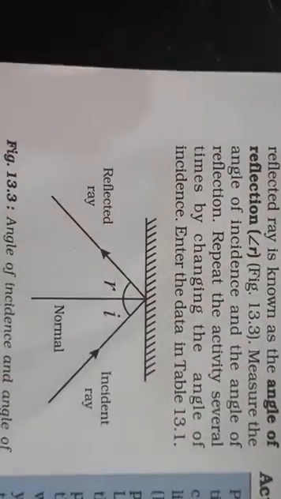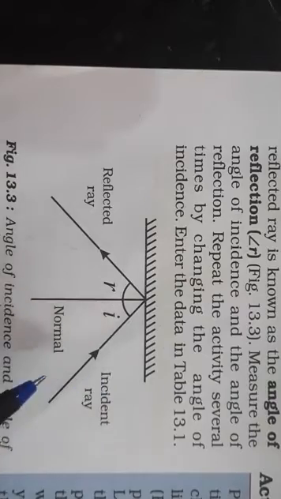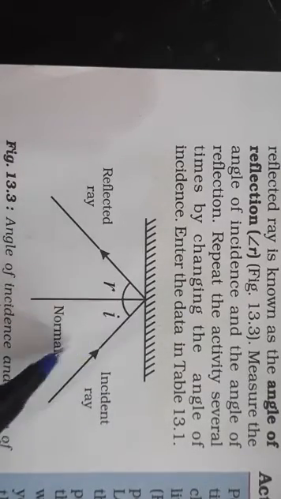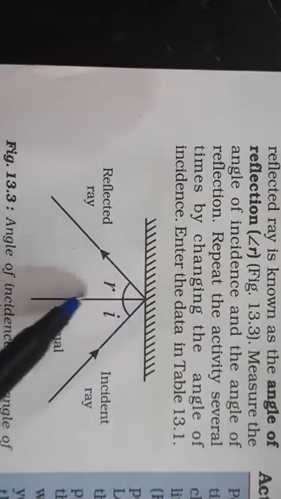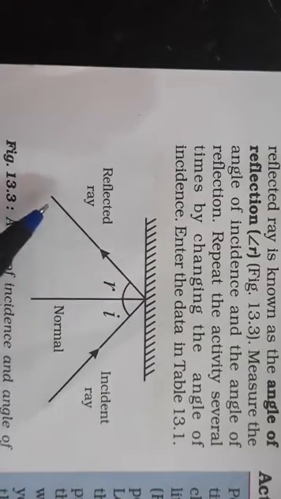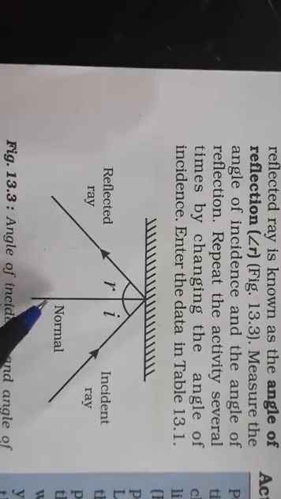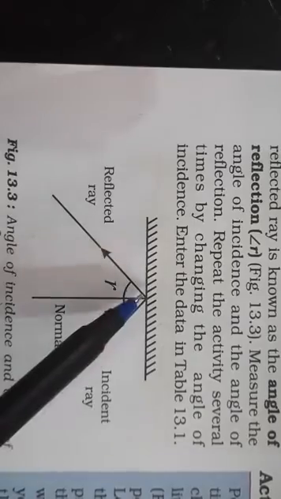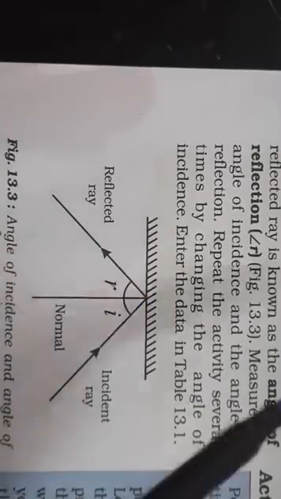The second law of reflection is that the incident ray, the normal and the reflected ray all lie in the same plane. Not a single one has gone to another plane.